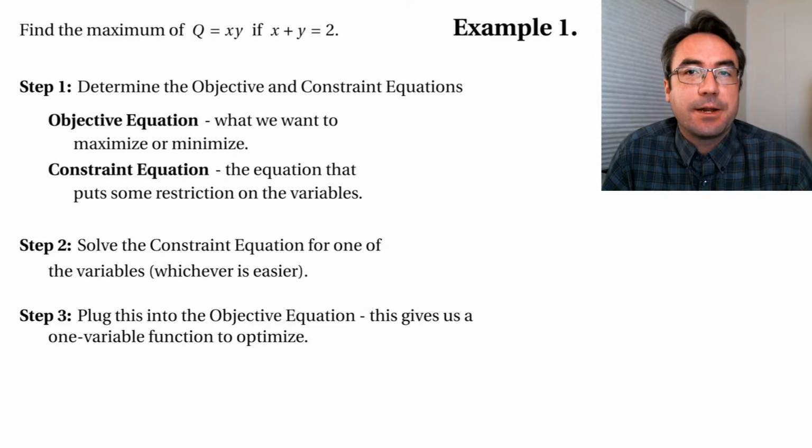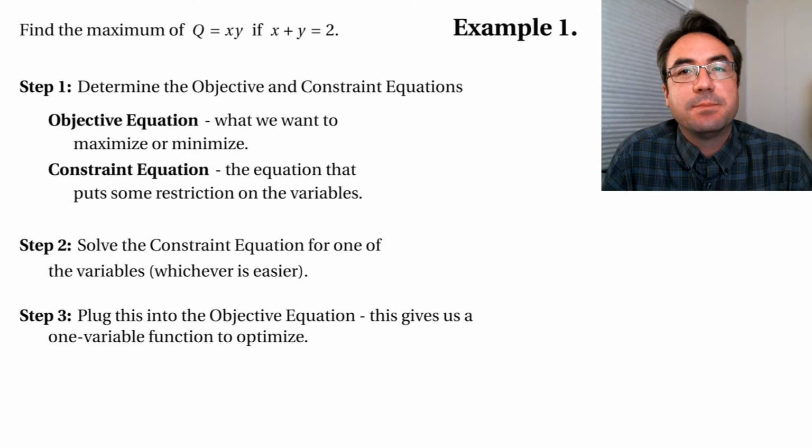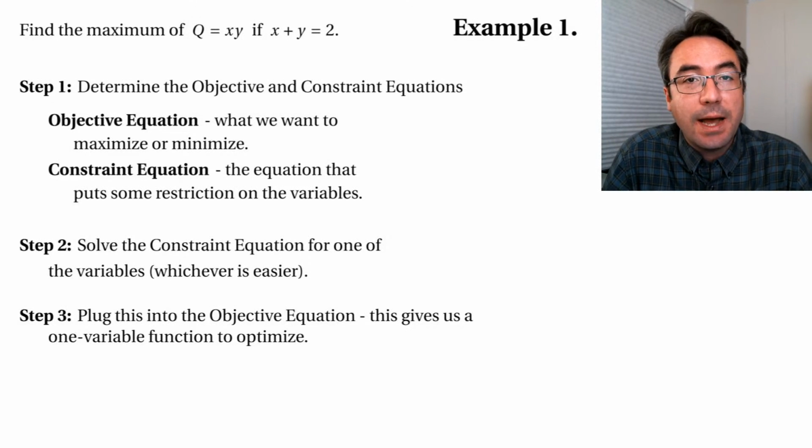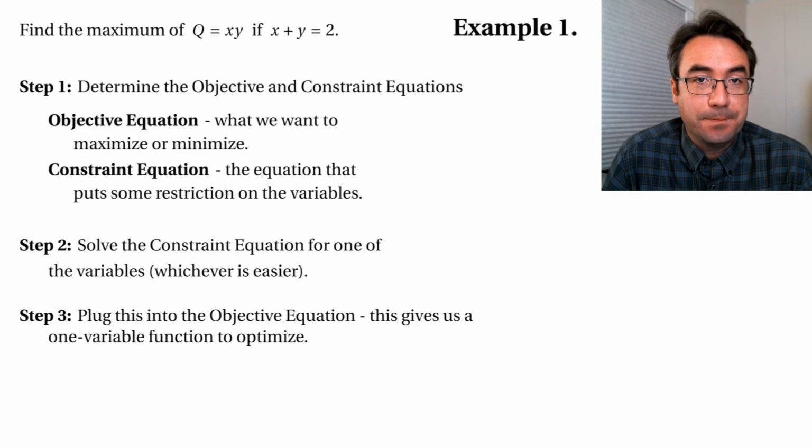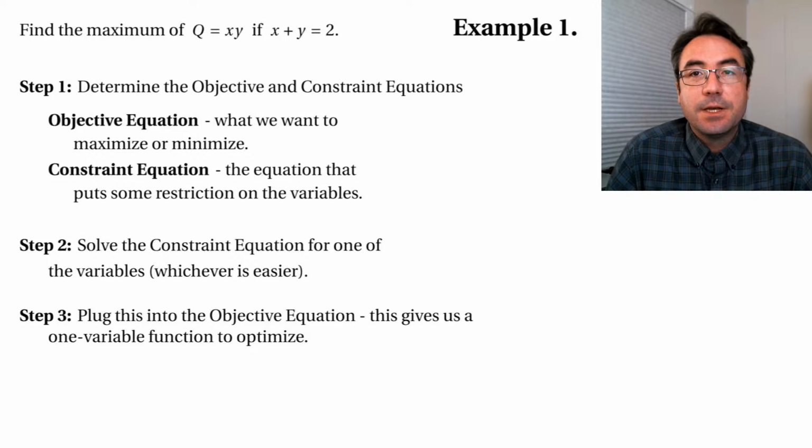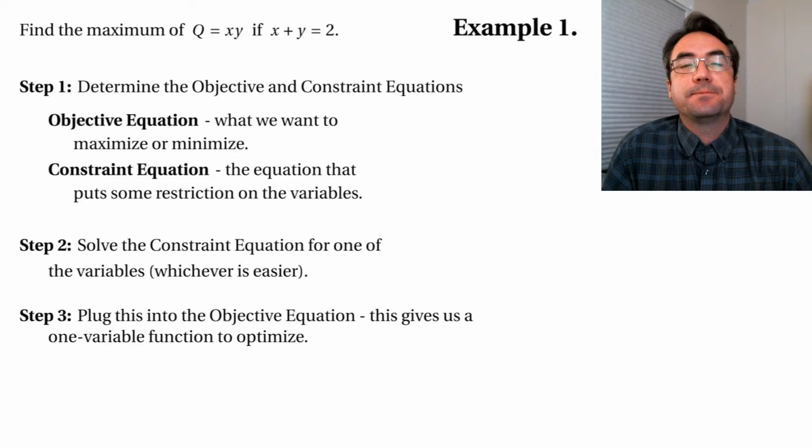So let's start. We want to find the maximum value of the function q equal to x times y if x plus y is equal to 2. So we have two equations there.